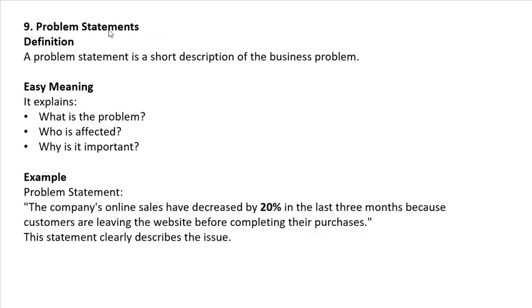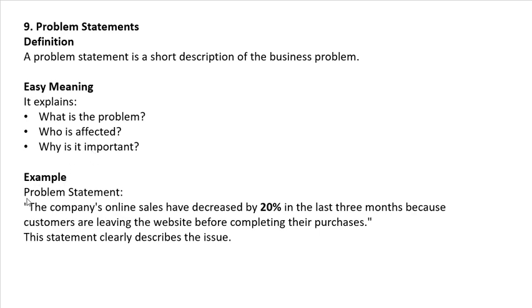Ninth is the problem statement. A problem statement is a short description of a business problem, in easy meaning. It explains what the problem is, how it is affected, and why it is important.